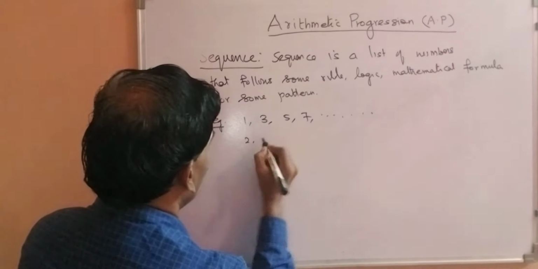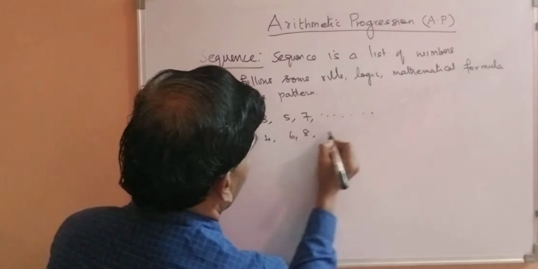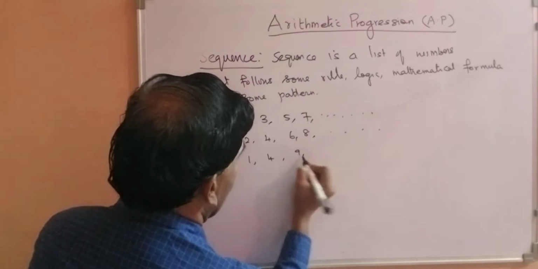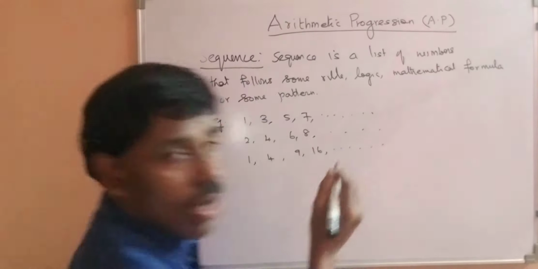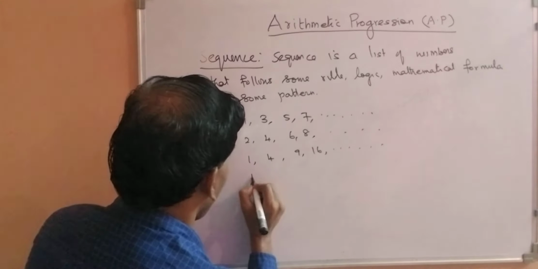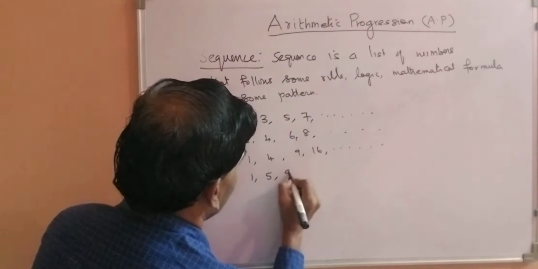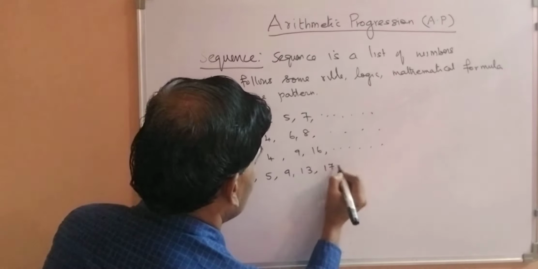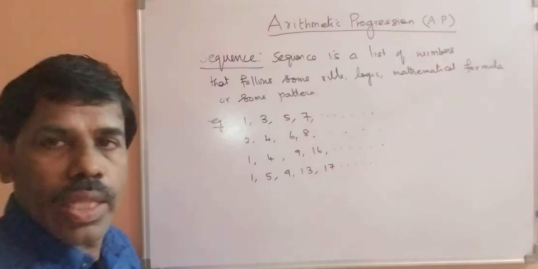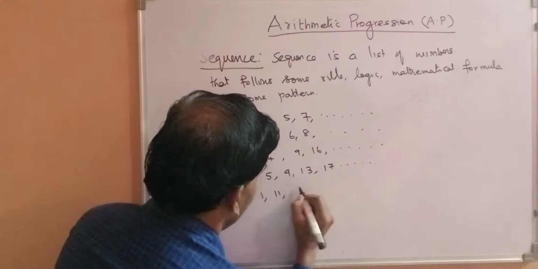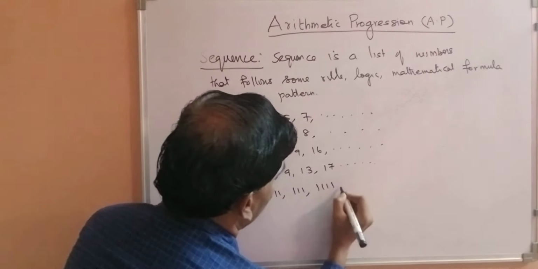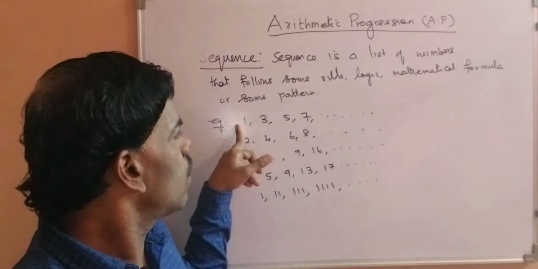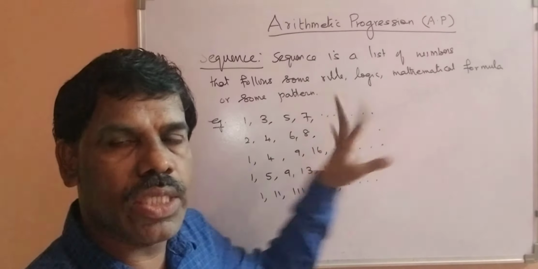Second one 2, 4, 6, 8, etc. Third one 1, 4, 9, 16, etc. Another one 1, 5, 9, 13, 17, etc. Another one 1, 11, 111, 1111, etc. See here, look at this, 1, 3, 5, 7 and all these are odd numbers.